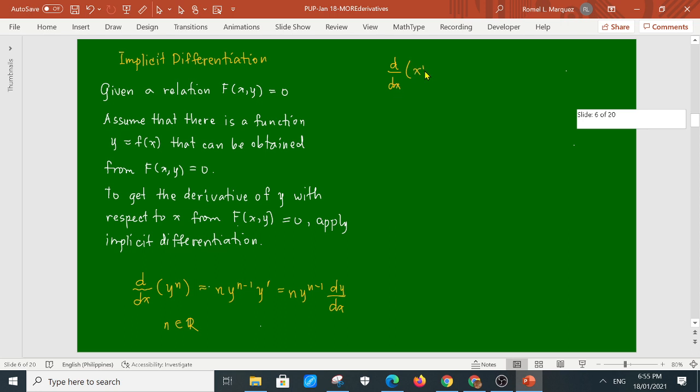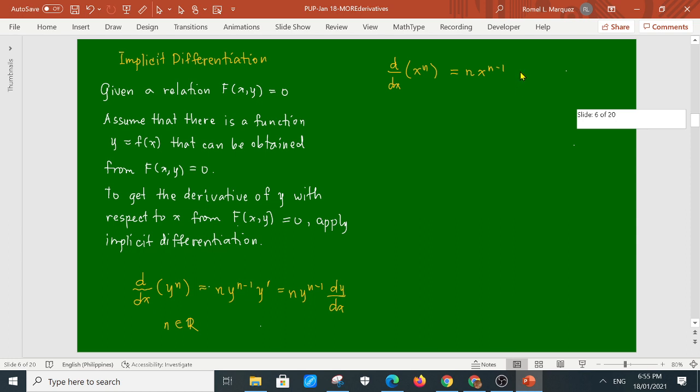So we now have the derivative with respect to x of x to the n. Notice that the independent variable is in the base, the independent variable of the function y equals f of x. So if you get the derivative of this, drop the exponent, copy the base, subtract 1 from the exponent, and that's it.